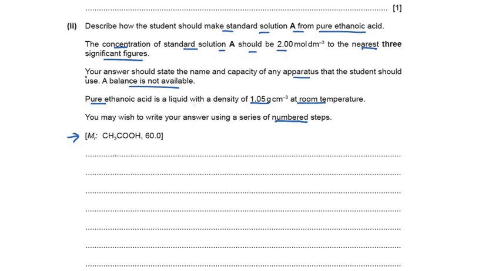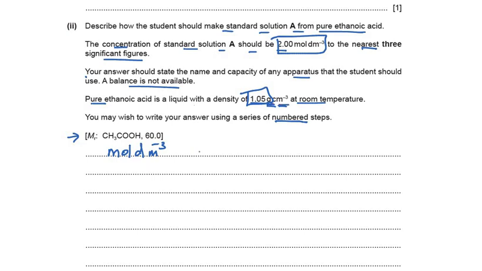Now you can always pause the video and reread the question to understand what exactly is asked. Here we are asked to make a 2 mole per dm³ concentration of our ethanoic acid, and the density of ethanoic acid is given, which is 1.05 gram per centimeter cube. Now if this is gram per centimeter cube, we want to convert that into concentration in mole per dm³. We are going to change grams into moles and centimeter cube into dm³.